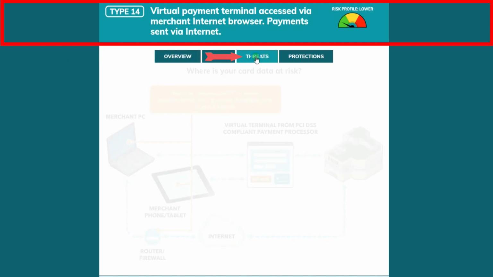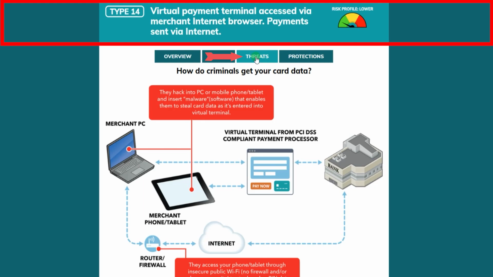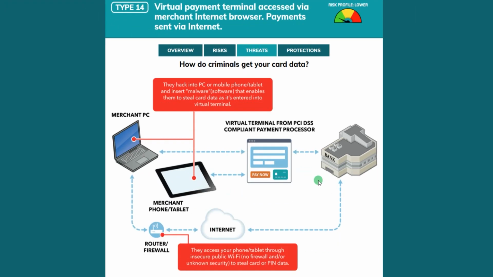And what is the threat? The hacker gets into your device, installs malware, and that card data is going to be sent to that hacker. And second, if you are connected to a public or unsecure Wi-Fi, and let me tell you something, no matter how secure you think a Wi-Fi is, it is not very secure.